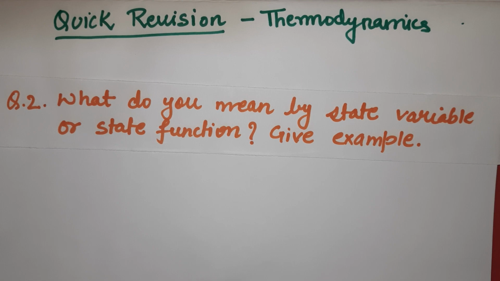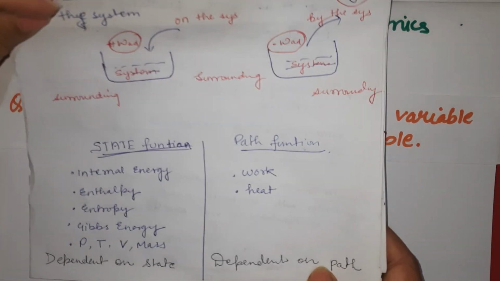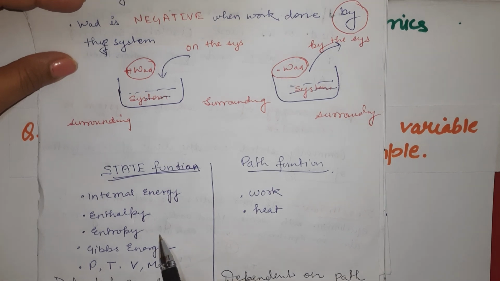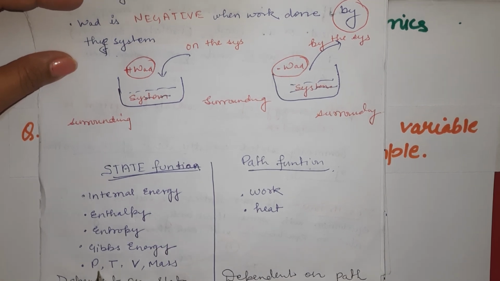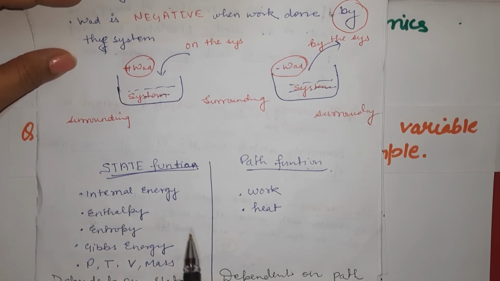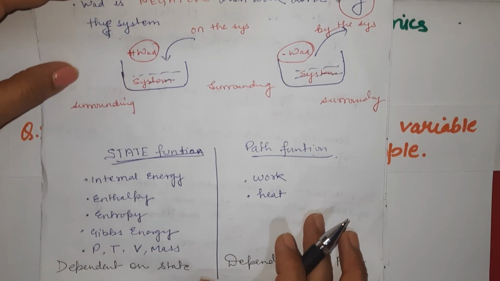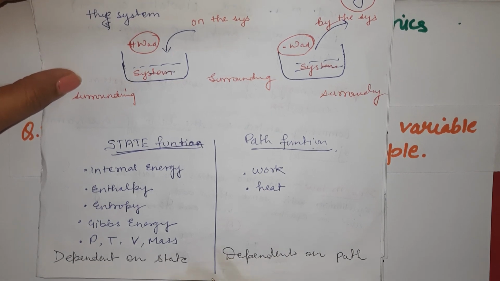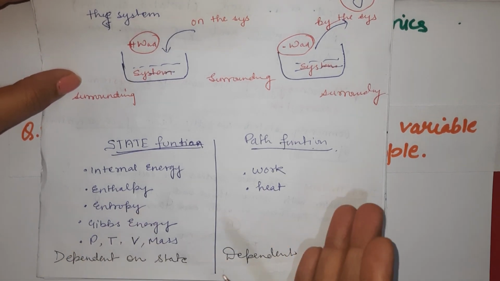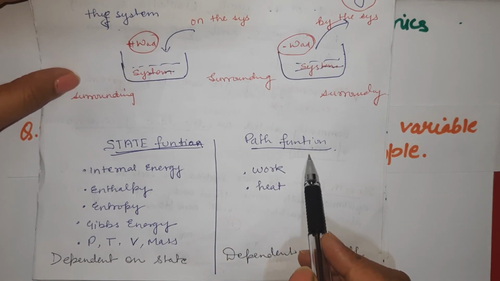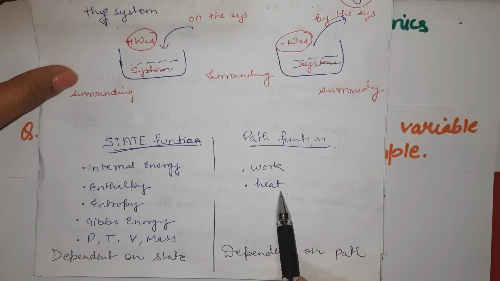There are properties like internal energy, enthalpy, entropy, Gibbs energy, pressure, temperature, volume, mass. These all properties are state functions because they depend on the initial and the final state.